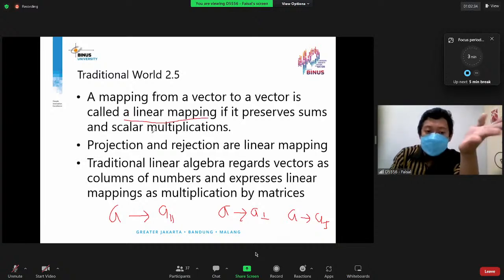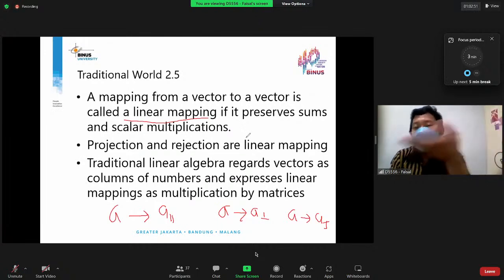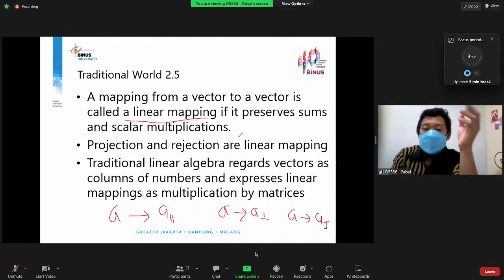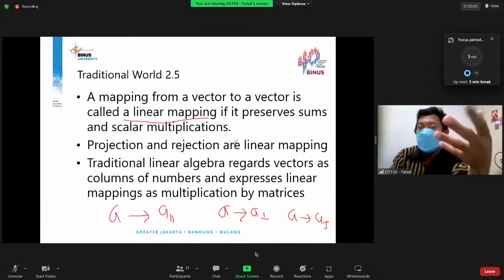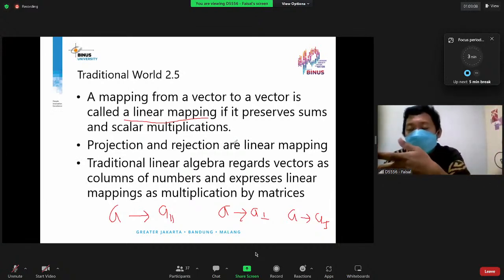Why do we call this a linear mapping? Because it preserves sum and scalar multiplication. What does that mean? It means if we sum two vectors and then map the sum, this is equal to mapping the two vectors and then summing.